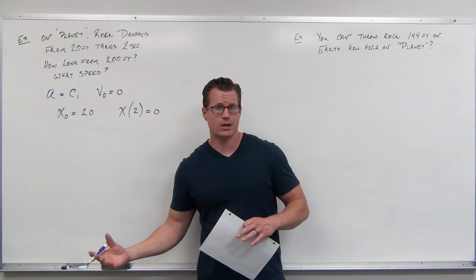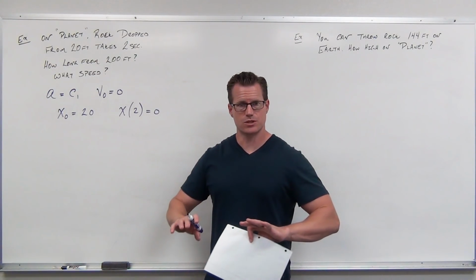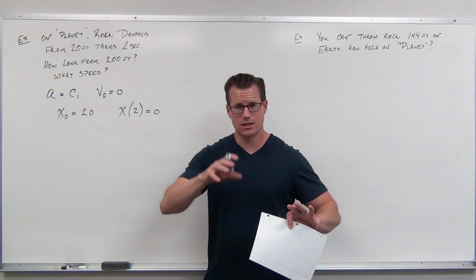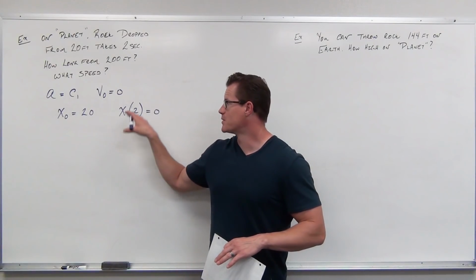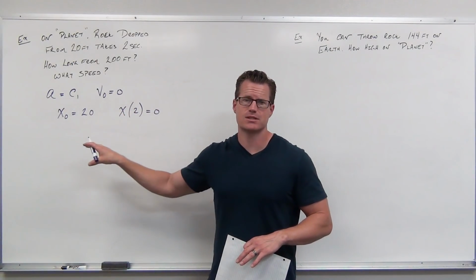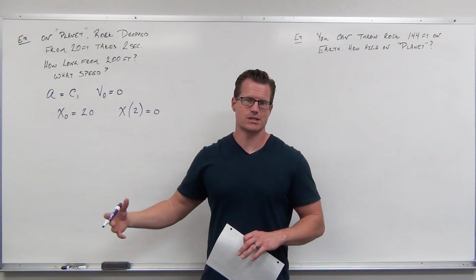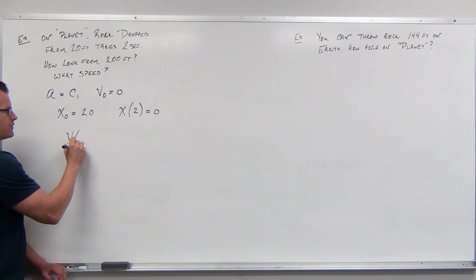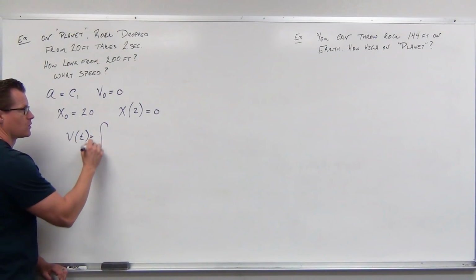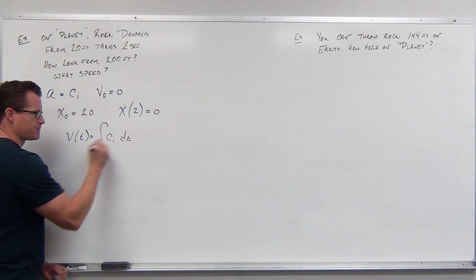We're going to start with acceleration like always. We're going to integrate to get velocity. We'll see if we can use our initial velocity to get rid of our arbitrary constant. We'll integrate again for position, and then we'll see what happens with this whole setup. We're still going to have a C sub 1 in there. Our idea is to get rid of C sub 1. So our velocity is going to be the integral of our acceleration.